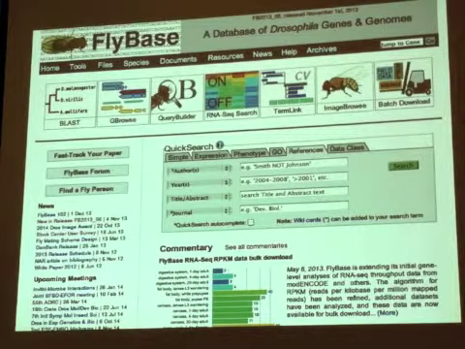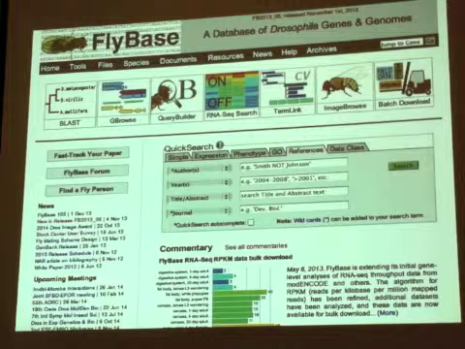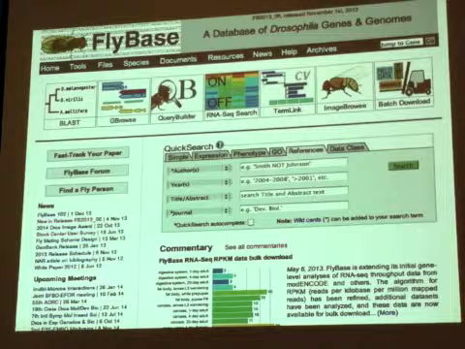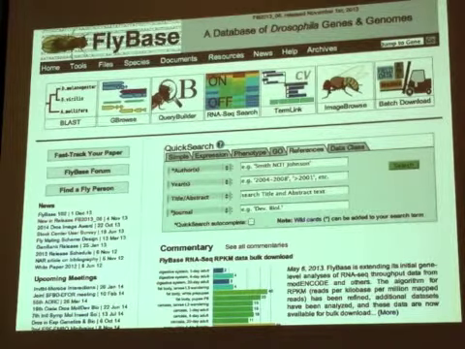We have a curation group in Cambridge who does most of the genetic curation, and they've started a new effort where they're doing a sort of GO-style annotation, but using the disease ontology.